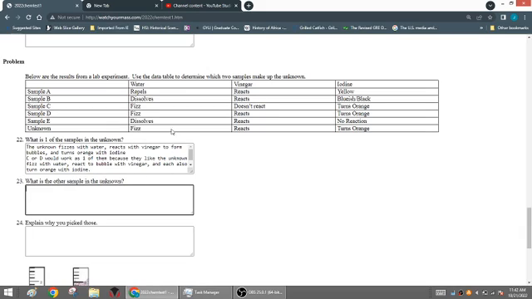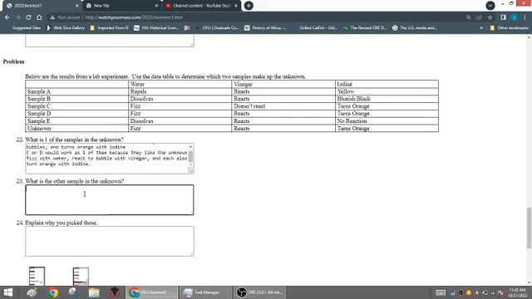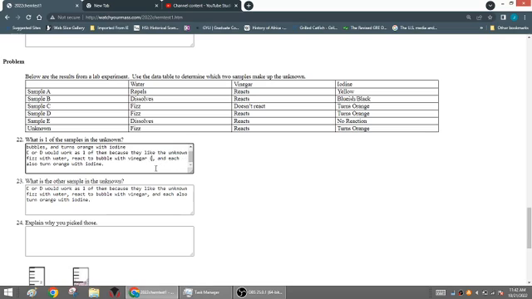Oh, sample C does not. So, all right, C does not react to bubble with vinegar.